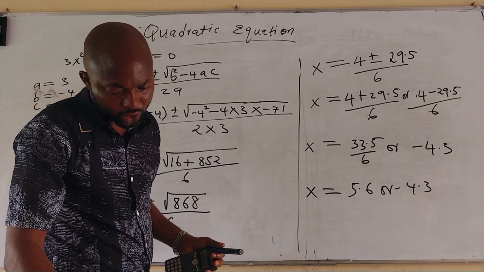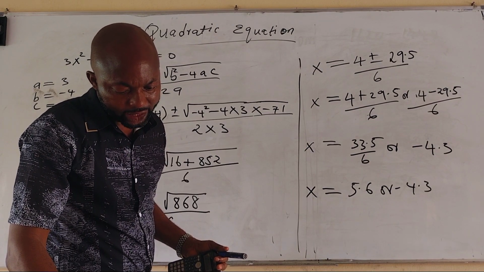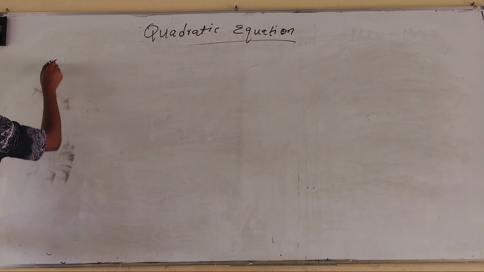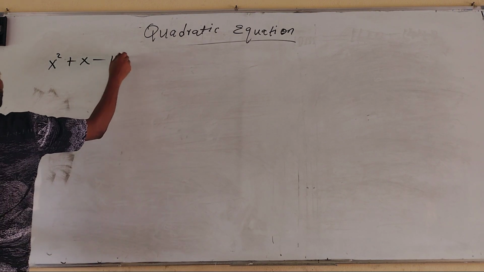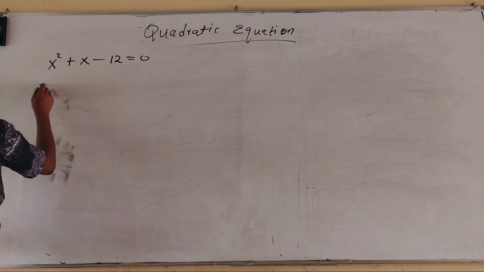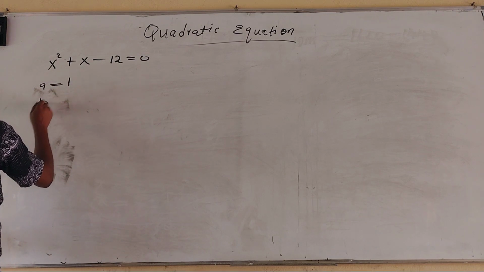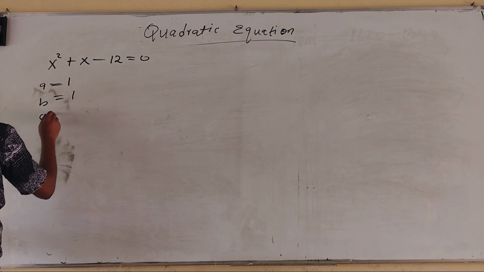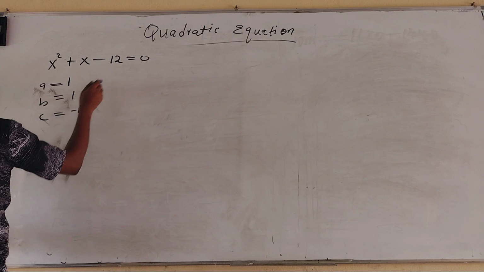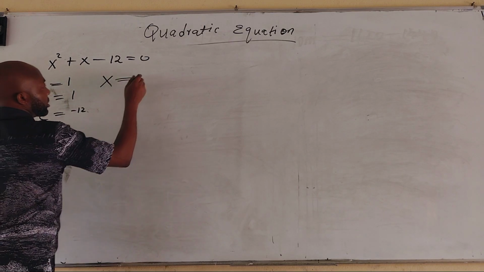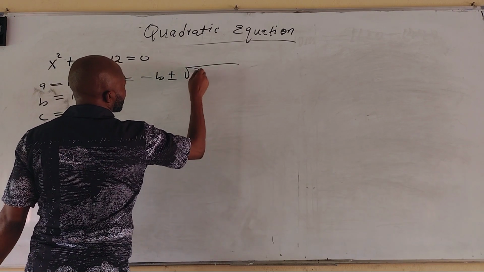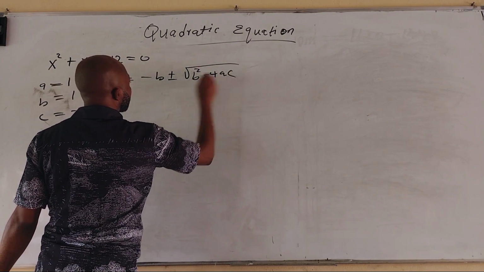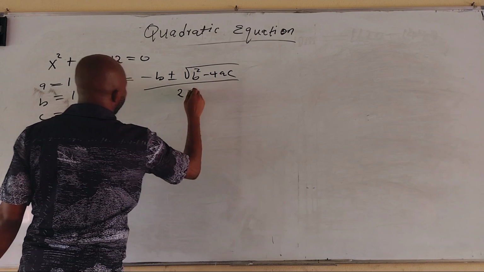Let's take another question. X squared plus X minus 12 equals 0. A is 1, B is 1, C is minus 12. Our X is minus B plus or minus the root of b squared minus 4ac all over 2a.